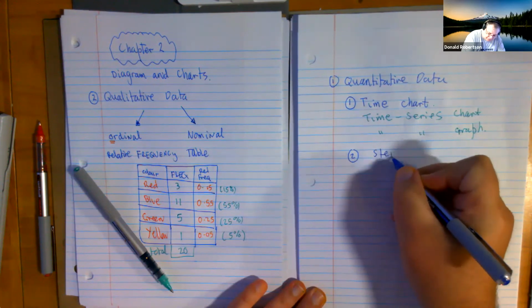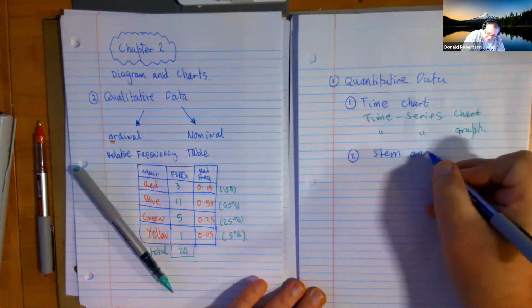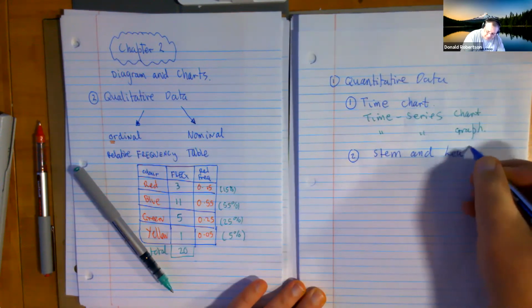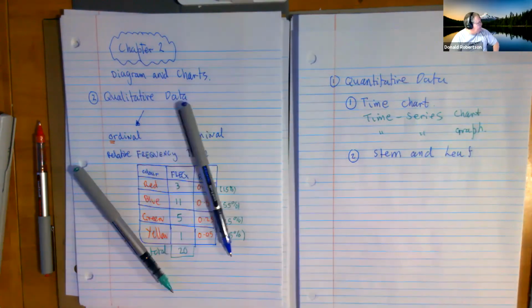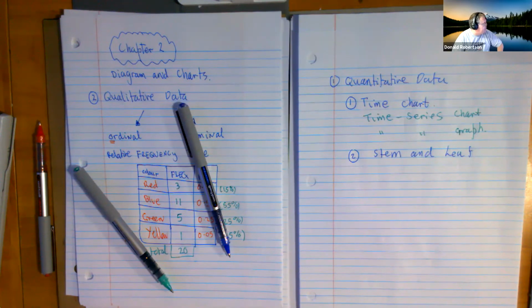We're going to look at another thing called the stem and leaf. Don't think it has got any other names. At least I don't know of any other. I'm just checking in case it has another name that I've never heard of. Nope, that's nice. Only one name, stem and leaf, which is good.